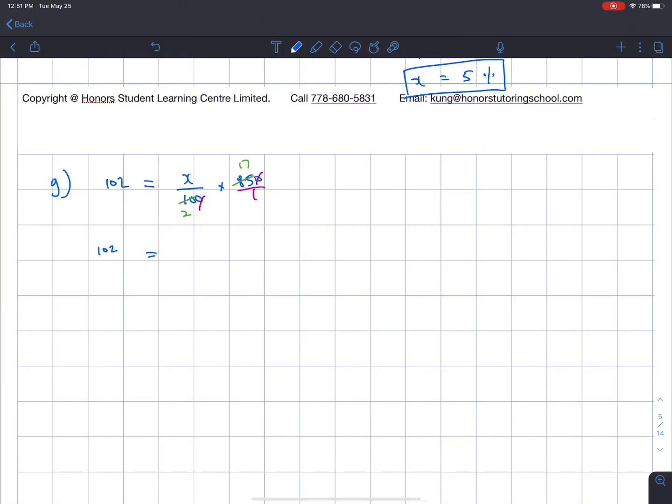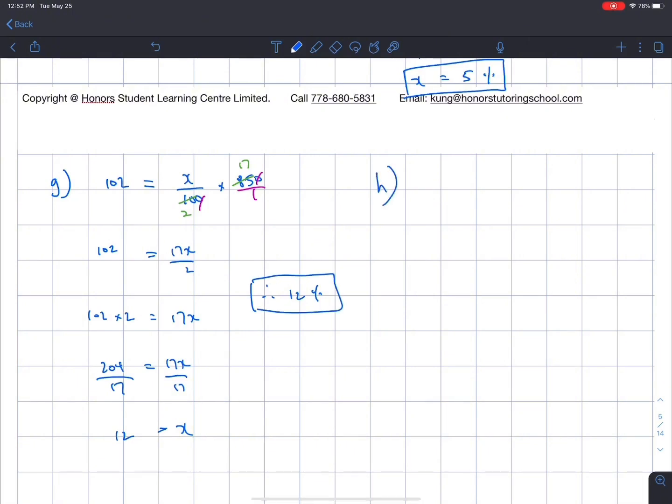So we have 102 equals to 17x over 2, and then we cross multiply. We have 204 equals to 17x, and then finally just divide both sides by 17. And we get 12. Next, they're asking for what percent, so our answer is 12%.